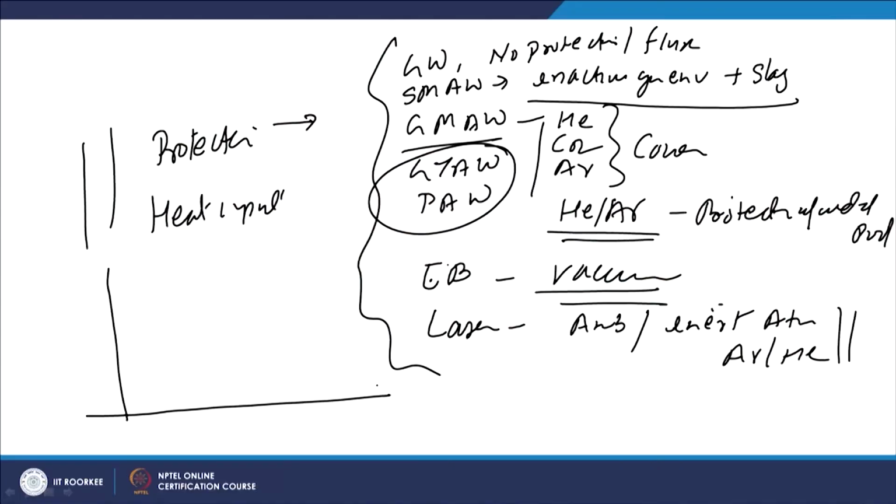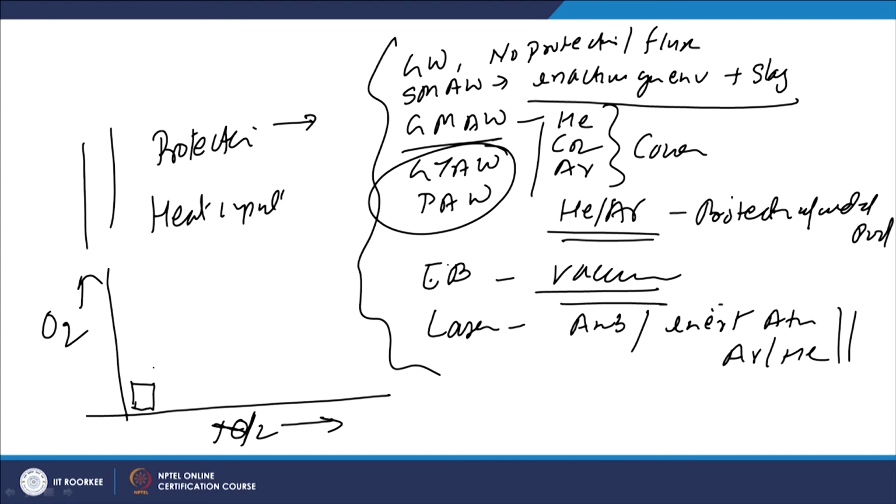Now, we will see there is another aspect. So, obviously, if you have just a general look at the kind of cleanliness which is offered by the different processes. Here in the x axis we have nitrogen and oxygen in the y axis, and if we see, the gas tungsten arc welding process offers the minimum concentration of oxygen and nitrogen.